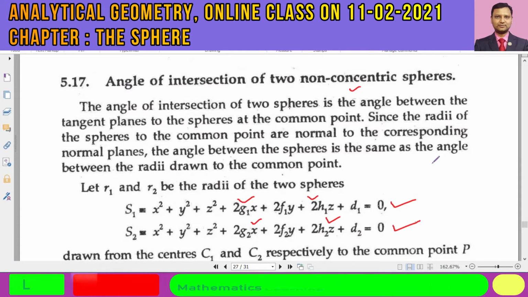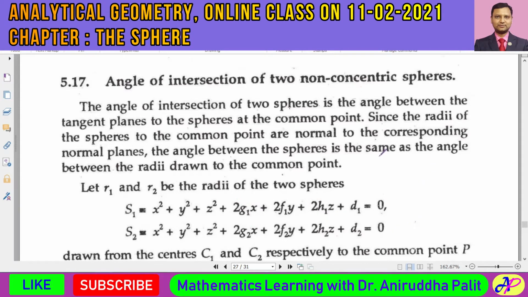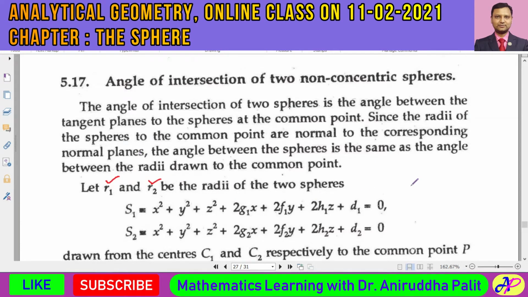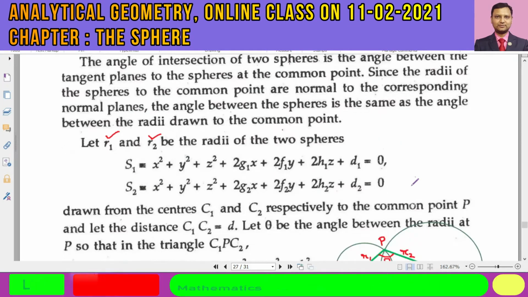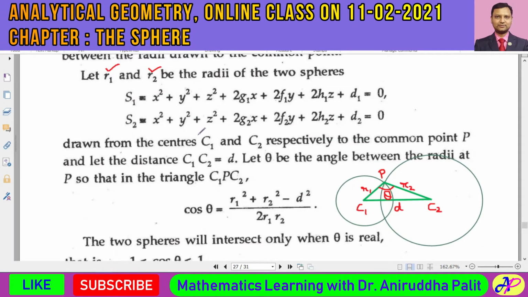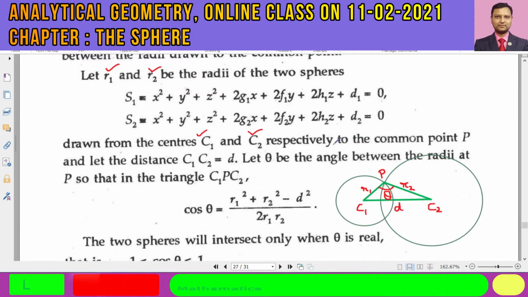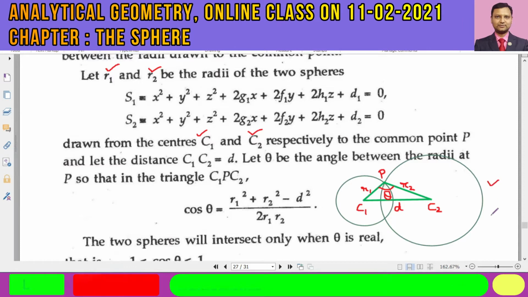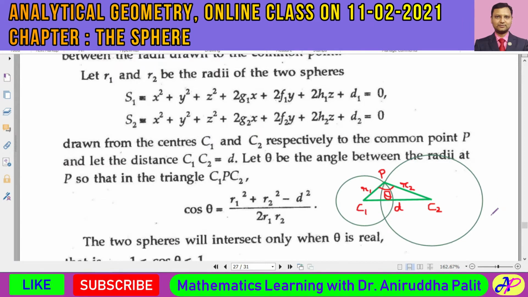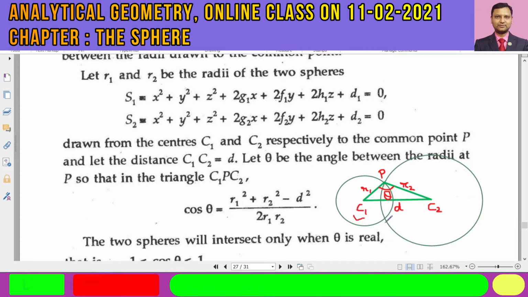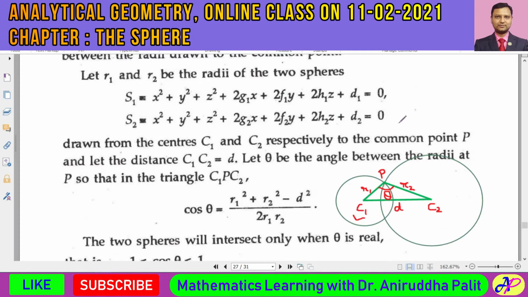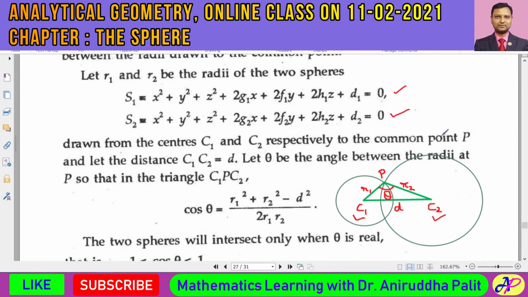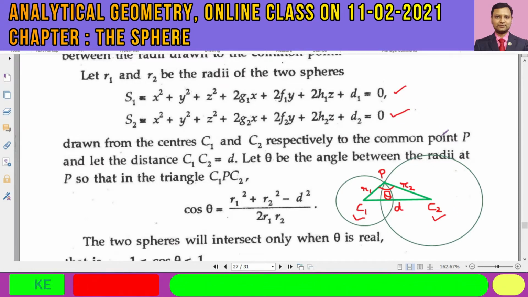Over here we suppose that R1 and R2 are the radii of these two spheres, and C1 and C2 are the centers of these two spheres, as I have demonstrated by this picture. This is the center C1 for the first sphere S1, and this is the center C2 for the second sphere S2.